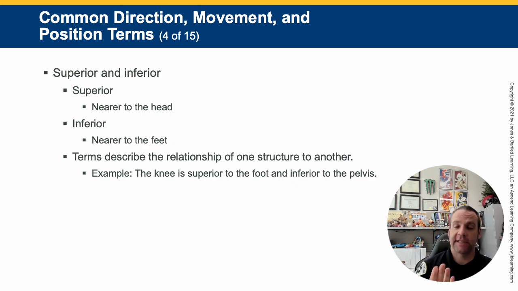Superior means closer to the head. So anytime a body part or an injury is located above another point of reference, it is described as superior. Example, the chest, again, is superior to the abdomen. On the other hand, inferior means closer to the feet. So in that same comparison, the pelvis is inferior to the chest.